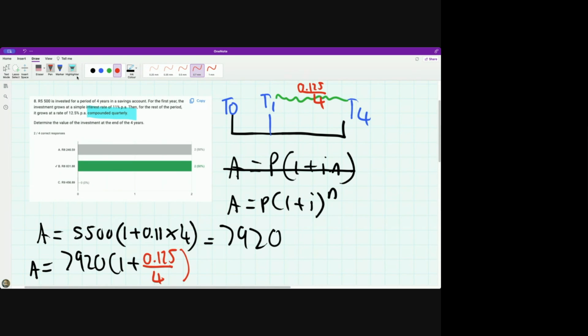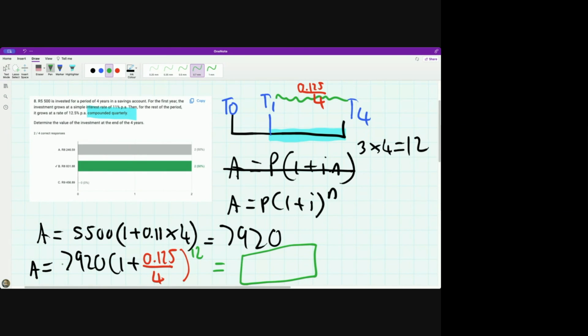So what I need to now know is how many quarters are there in this 3-year period? Can anybody tell me how many quarters are there in 3 years? Well, if there's 4 per year and there's 3 years left, it must just be 3 times 4, which is 12. So what I need to do is put a 12 over here.